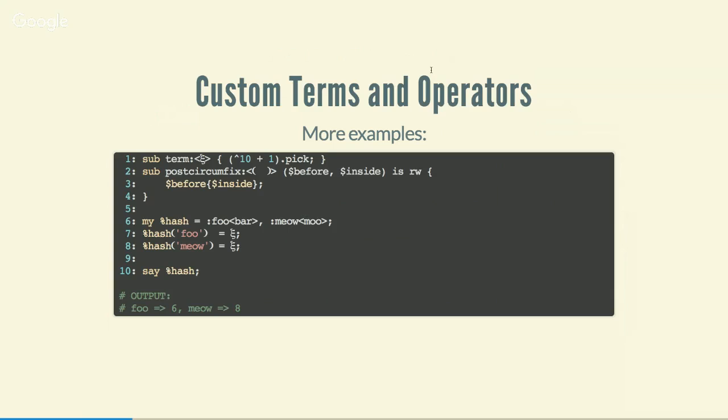And on line number 2, we're using the RW trait at the end. That specifies that whatever tries to write to this value, it can. And that's why on line number 7, we can assign a value to it. And on line number 1, we are using the term category.